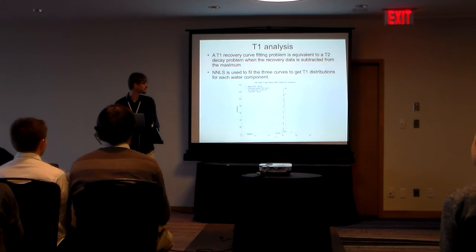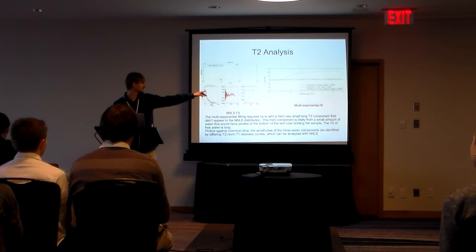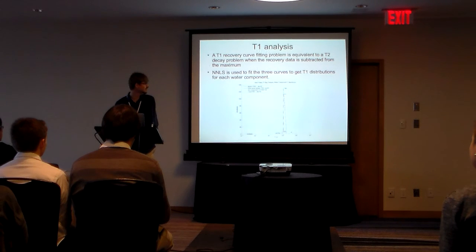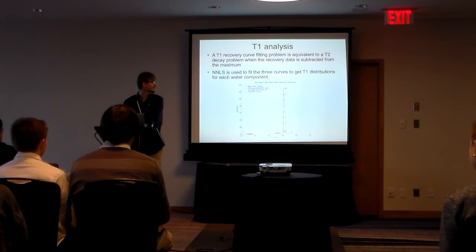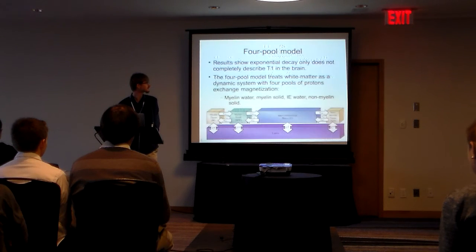And then we were able to look at these components and look at the amplitude of each of those components as a function of inversion time, and fit those with NNLS to get T1 distributions for each component. And what we found is that myelin, right here, has a different T1 than intra-extracellular water.